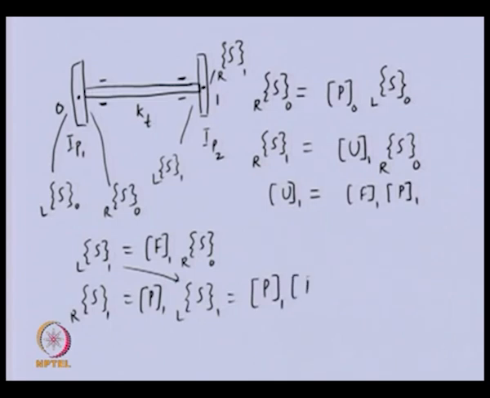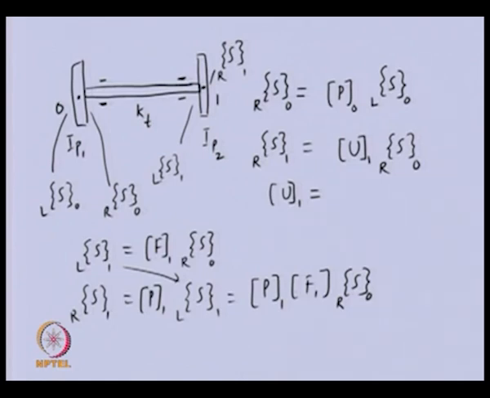If we substitute this here, we will get P1 F1 S left of 1, that is, R naught. This is the subscript of the S. So you can see that the U matrix does not have this particular form.